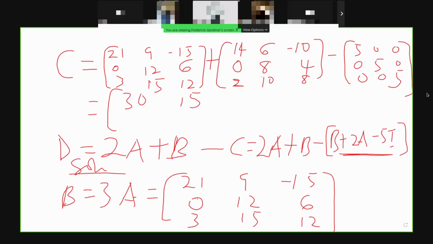Then next we are going to have negative 15 plus negative 10. That will give us negative 25. Minus 0, still negative 25. So let's come to the second row.